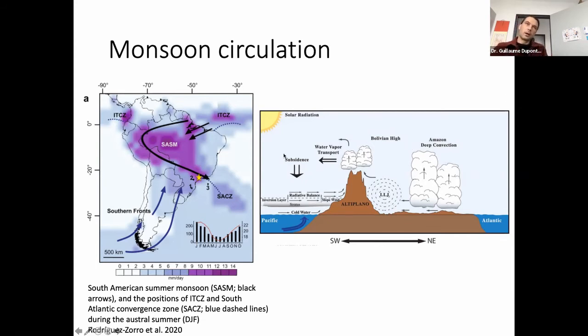And these winds, when they cross the equator, coming from here, the Earth is rotating to the east. Then when they cross the equator, they get deflected because we have a circular Earth. And this is the summer monsoon.